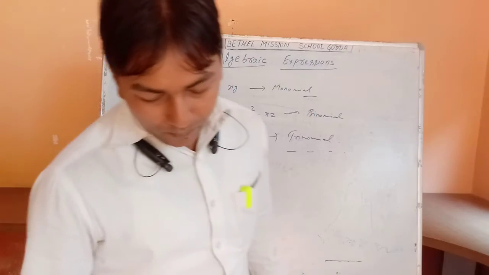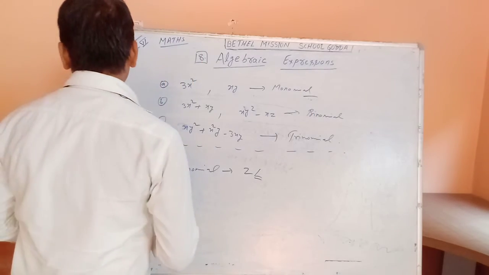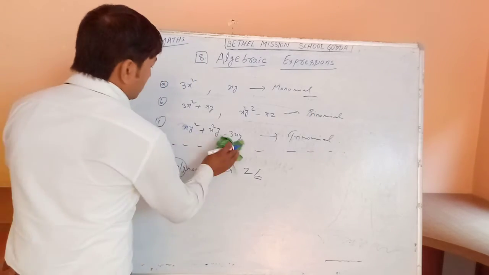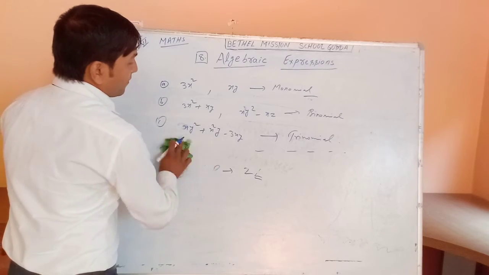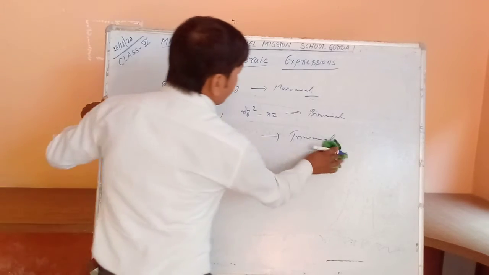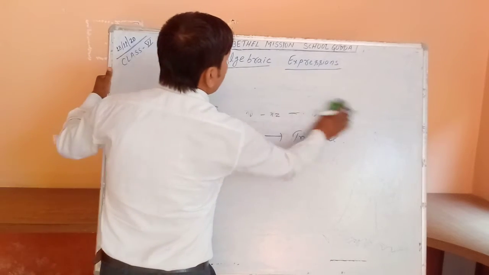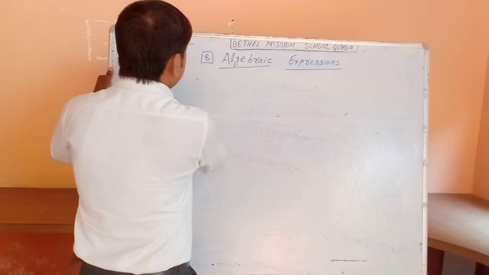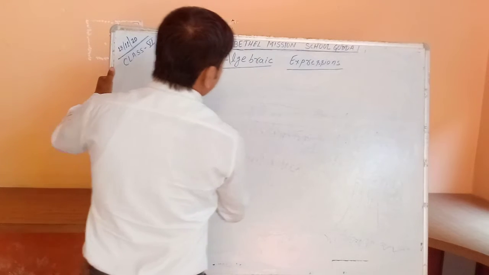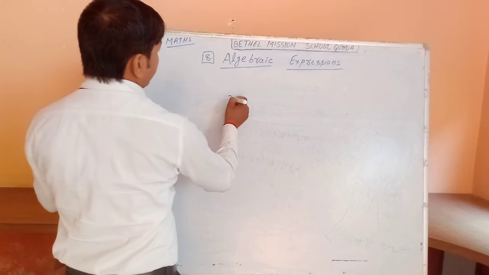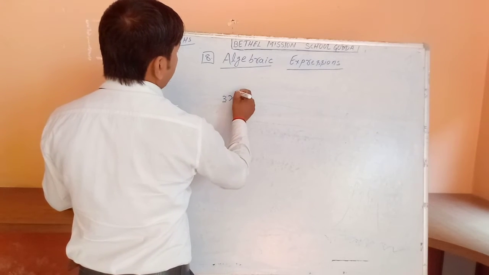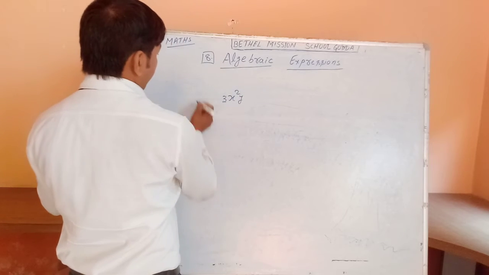Now we learn about factors. Suppose, first we understand with the help of an example: 3x square y.